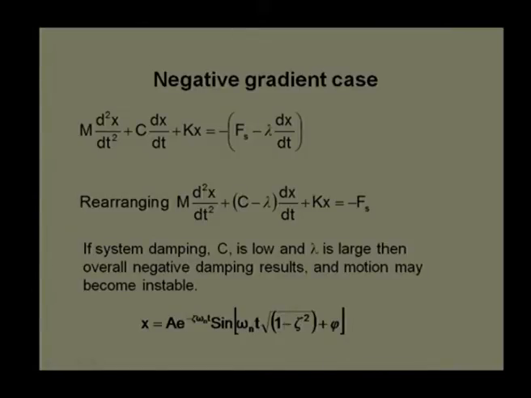So, we should look at that and try to avoid it. If we are able to find the C of the system using modal analysis or some other technique, and we are able to estimate the behavior of the friction pair, where the friction force has been plotted against velocity, and we find that there is a large variation in our operating speed domain, and the lambda value is very high, then we should avoid it.